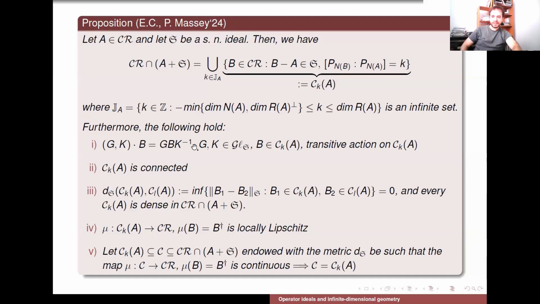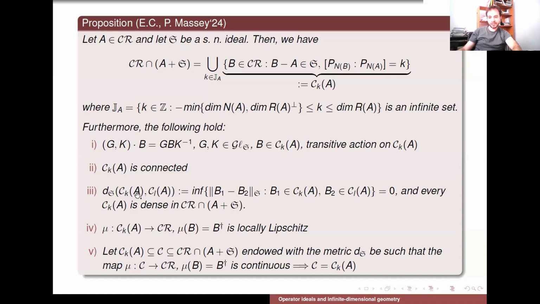Using our characterization about this type of actions moving both the range and the null spaces, we can show that this Ck of A admits a transitive action of the product invertible group associated to the operator ideal. As we said before, these groups are connected, so it is an immediate consequence that these sets Ck of A are also connected.